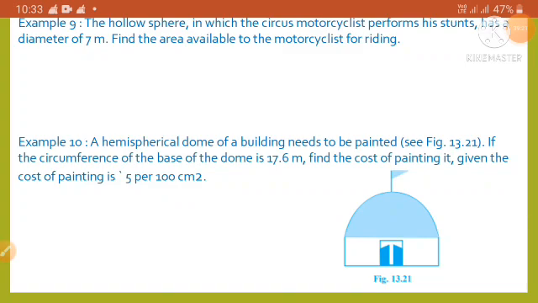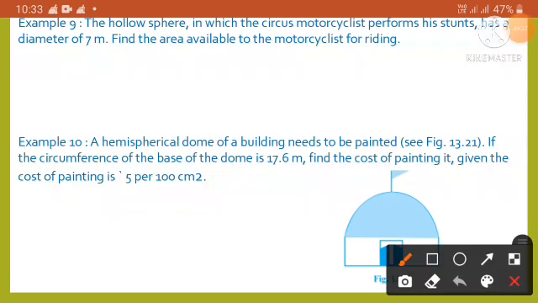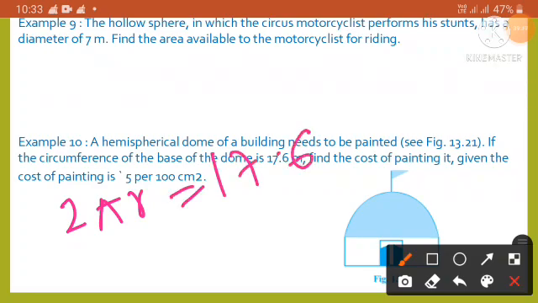Okay. So here it is already given that the circumference of the dome is equal to 17.6 meter. We know circumference will be 2 pi r. So 2 pi r is equal to 17.6.